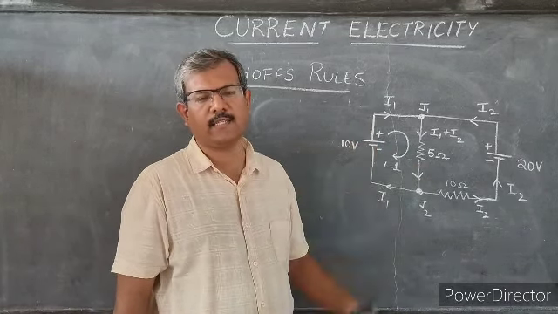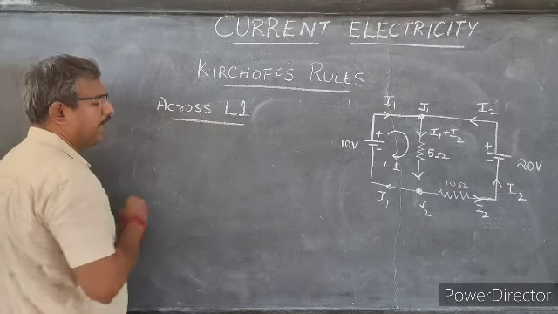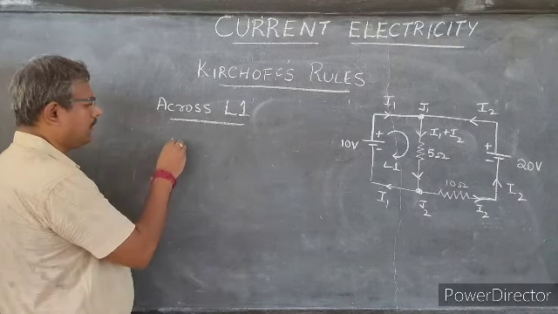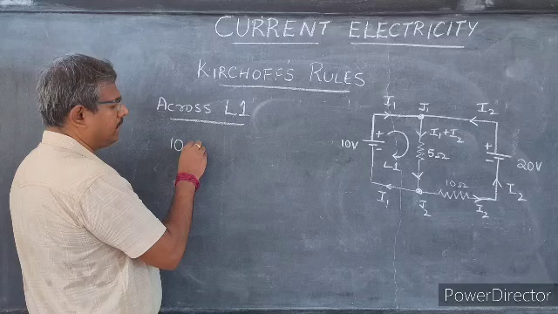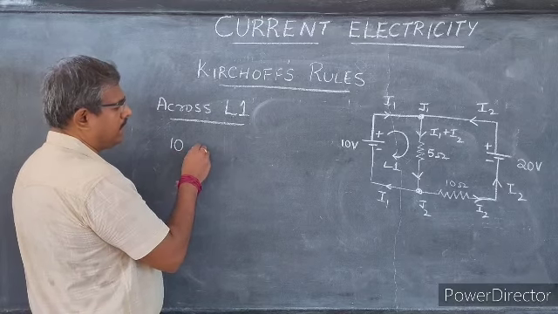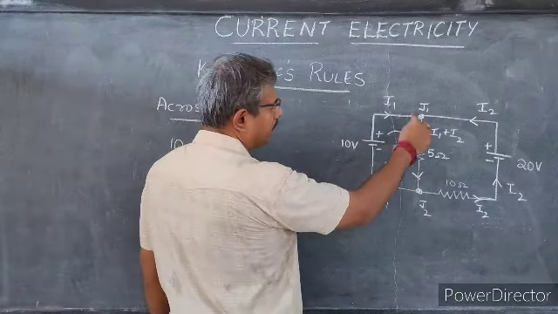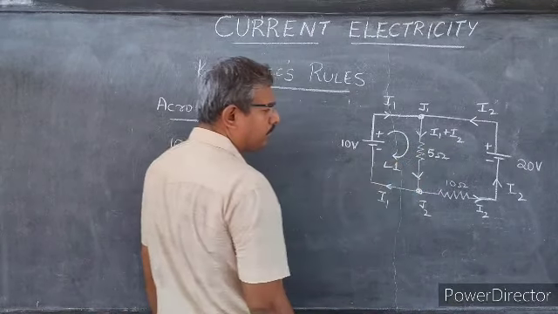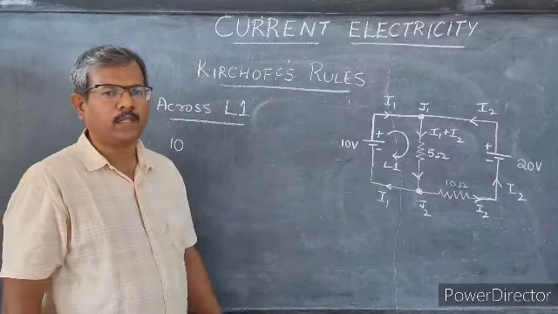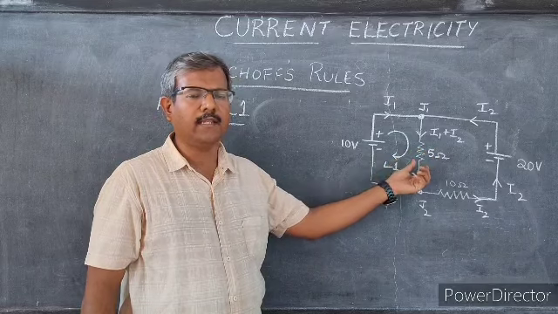So that means across loop 1, when I apply the loop law, 10 volts due to the cell, and this is the source of the voltage. Now there is a resistance here, that's the only resistance in this loop, and this resistance is experiencing a current of I1 plus I2, and we know the voltage across the resistor is given by the product of the current and the resistance.